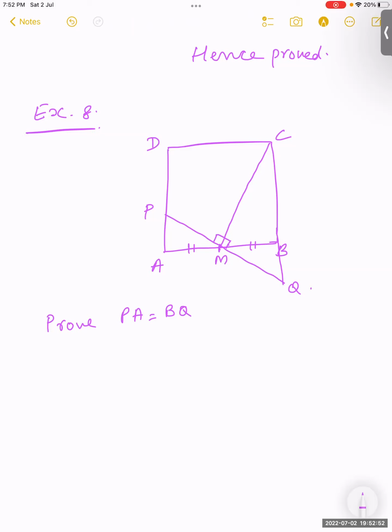So which triangles have PA and BQ as sides? Are you able to hear me? Hello? Yes, are you there? Yes. I told you, the question is prove PA and BQ are equal. So we have to consider two triangles in which PA is a side of one triangle, BQ is a side of another triangle.